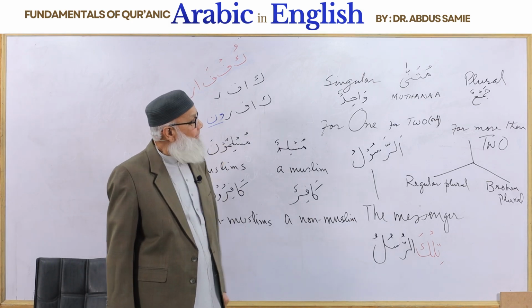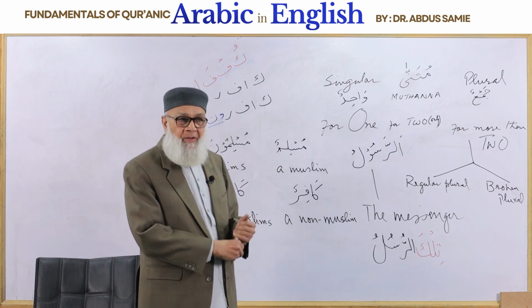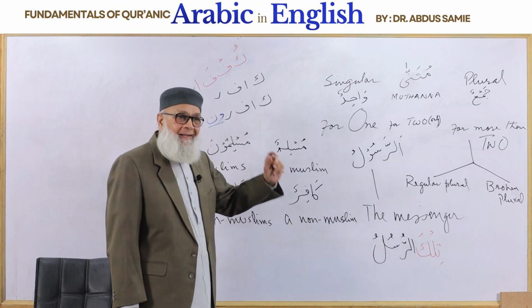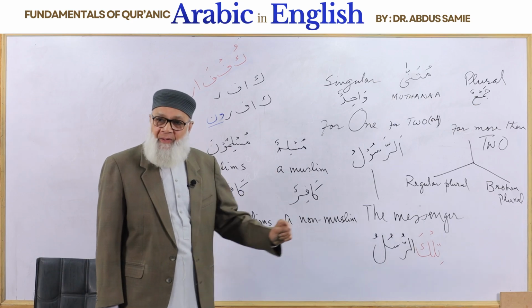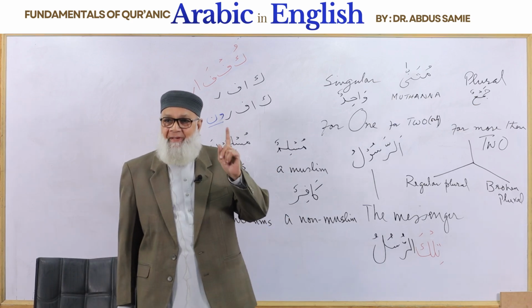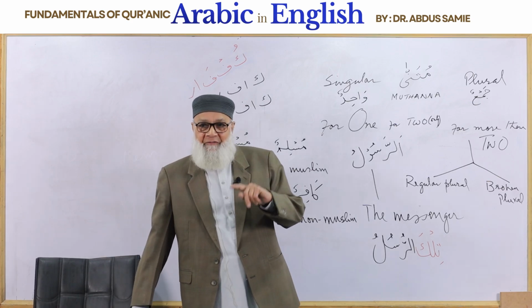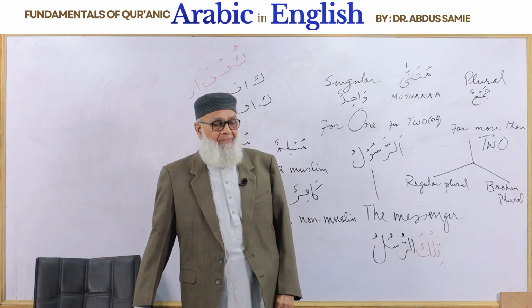So let me repeat. The second character of a noun is its number. The first character is definiteness, which means whether the noun is definite or indefinite.